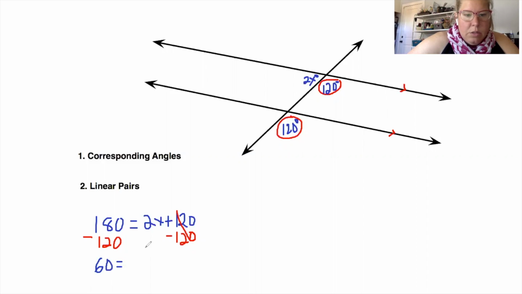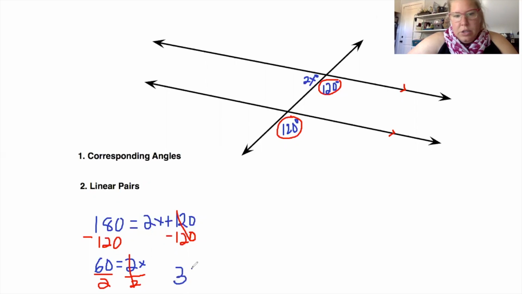And that's going to equal, since that is gone, only our 2x remains. So this is 2 times x. 2x is the same thing as 2 times x. The opposite of times is divide. And divide not one side, but both sides, so that this 2 cancels out, makes 1. 1 times x is x. And then 60 divided by 2 is 30.